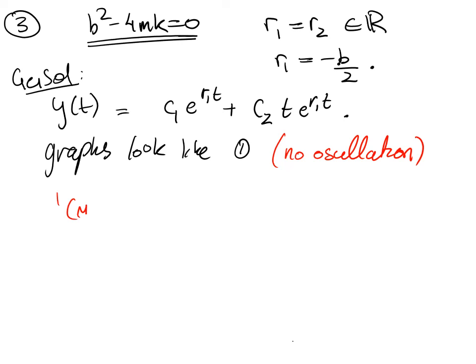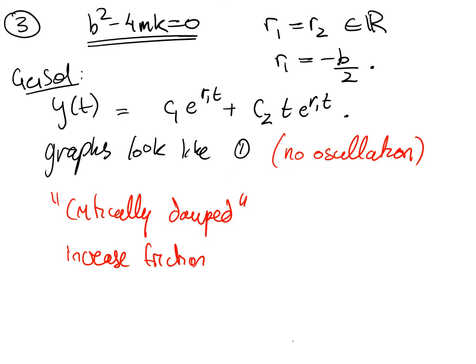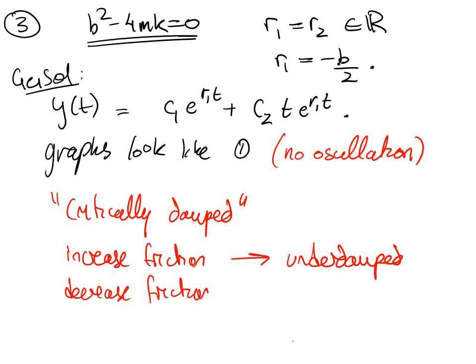And this is called critically damped, because what that means is, if you increase the friction at all, it would become overdamped. And if you decrease the friction at all, it would become underdamped, in other words, it would oscillate.